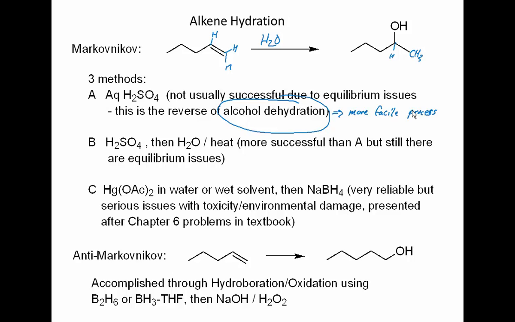If you truly want to hydrate an alkene in high yield, you'll use condition C, which involves mercuric acetate in water or wet solvent followed by a treatment with something called sodium borohydride. This is very reliable, but there are serious issues with toxicity, and you don't want to run this on large scale because it's an environmental hazard.